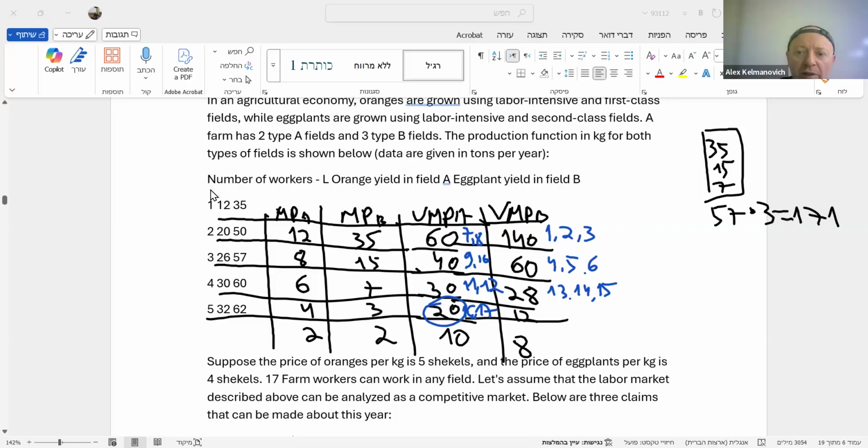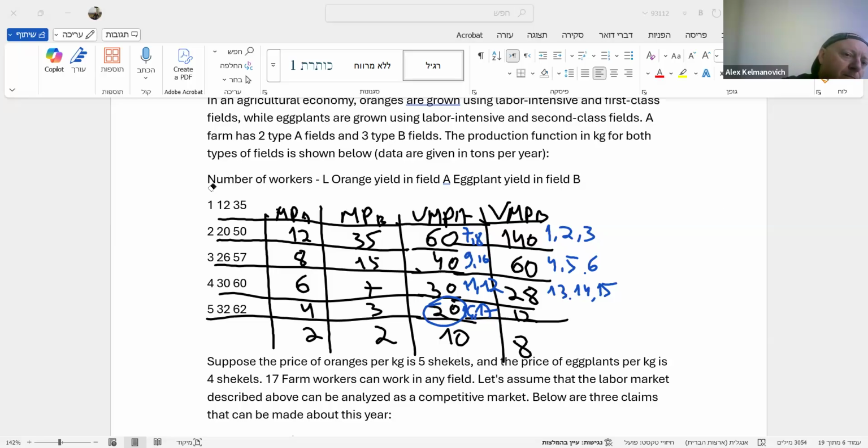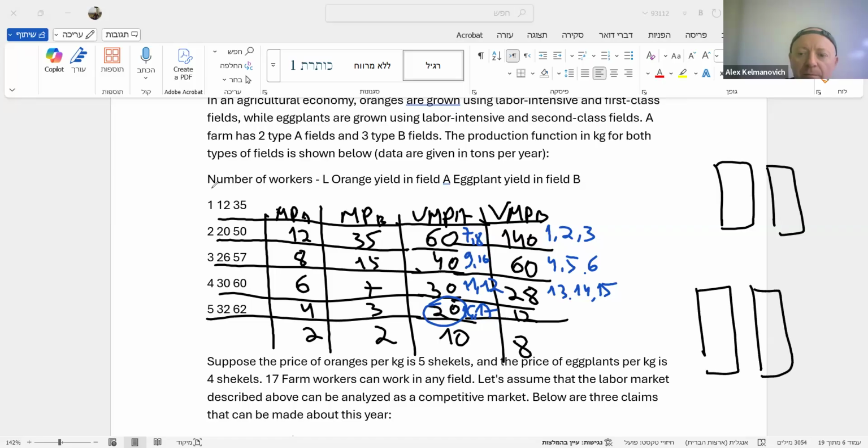So we have 2 fields A, 3 fields B. In fields A we have 60, 40, 30, and 20. And in field B we have 140.